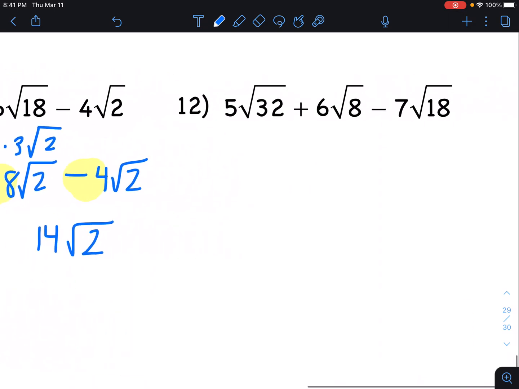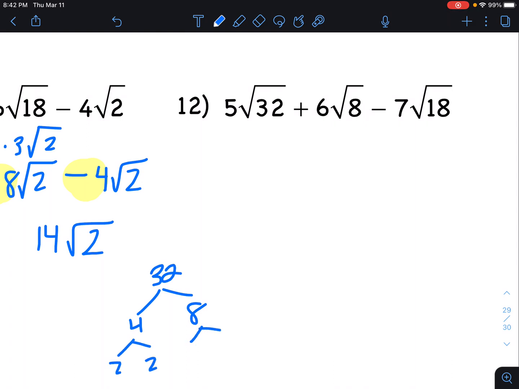Number 12, we're pretty much going to do the same thing as number 11. At first glance, we cannot add and subtract, but we need to try to simplify first and see if we can get like radicals. So let me pull 32 to the side. That could be 4 times 8. 4 is 2 times 2. 8 is 2 times 4. And 4 is 2 times 2.